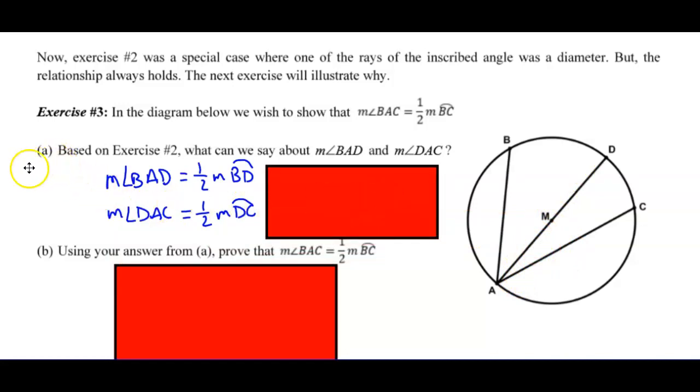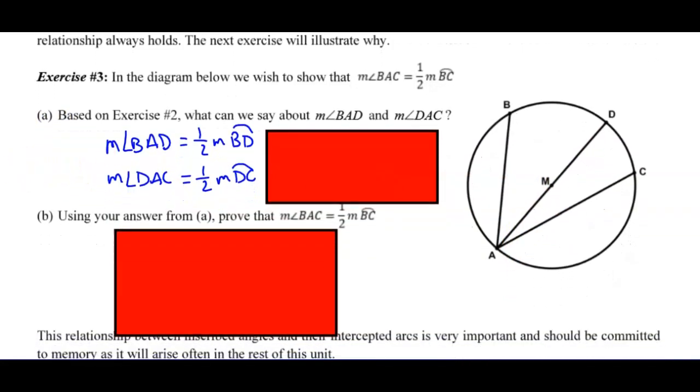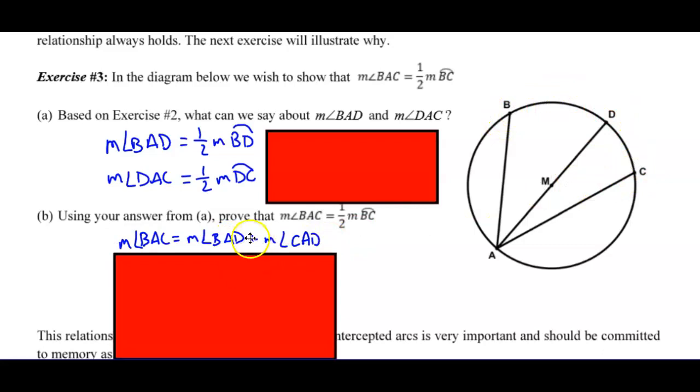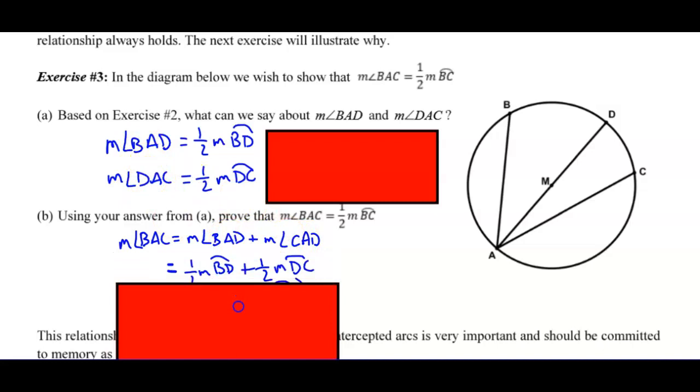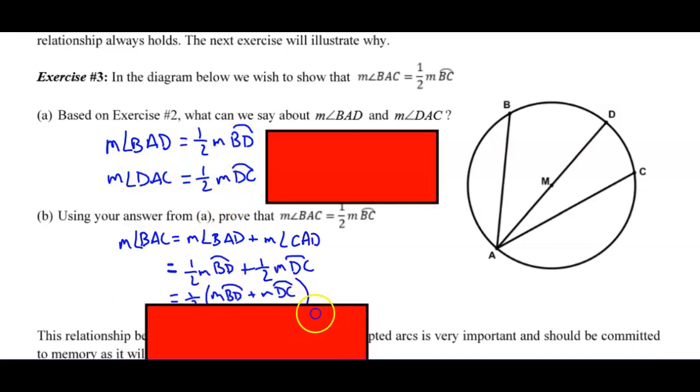All right, so we're going to try to now prove that angle BAC, the whole thing, is equal to half of its whole arc. Okay, that's pretty straightforward because angle BAC is the sum of those 2 angles we just looked at. And so it must be equal to the sum of the 2 half arcs we said that those angles are equal to. And if I factor out a half, I have a half times the sum.